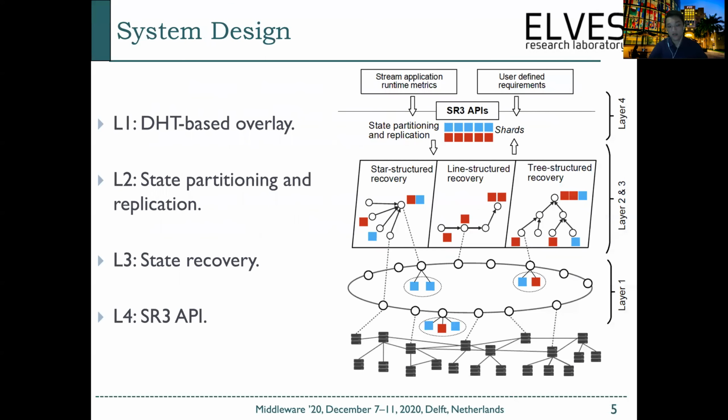So this is the proposed system design of SR3. It is a layered design. From the right figure, we can see four layers in this system. The bottom one is the DHT-based overlay. DHT stands for Distributed Hash Table.